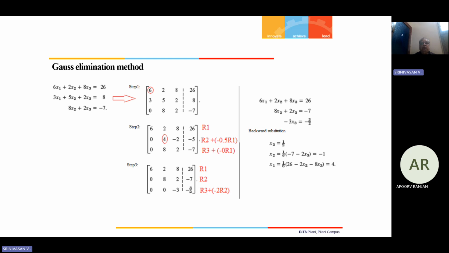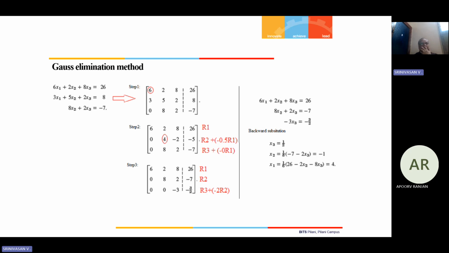Now R2 is fixed, because R1 is already the row on which R2 and R3 are done. R3 is of course the same because 0 is already there. Now we have to go for the third row and second column. Your third row, second column element must be made 0.